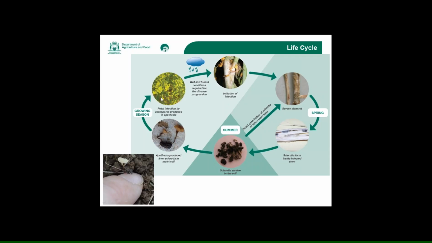So then these spores can infect the petals, and the petals are like an energy source for the pathogen, so that if the wet and humid conditions occur during flowering, if conditions are right, then the infected petal can infect the stem when it falls onto a stem or a leaf in the canopy, and this leads to the lesions that we see on the stem.